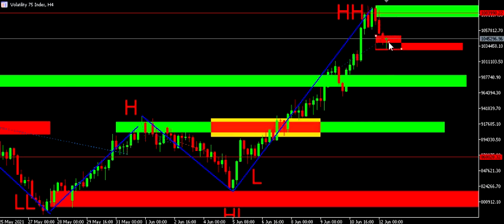Now we have a struggle around here between the bulls and the bears, between the buyers and the sellers. Whatever happens, if the sellers gain the upper hand, price will continue downward. But if the buyers are able to step in and push price up, then we can have a support around here. Price will continue to go up. If it gets to this level and the sellers are not much, we have a clean break and price will continue up. So that's the analysis for the 4-hour time frame.